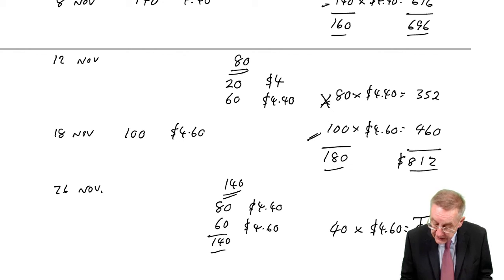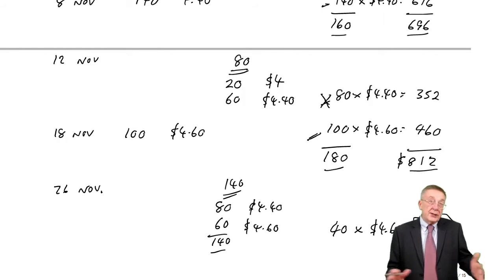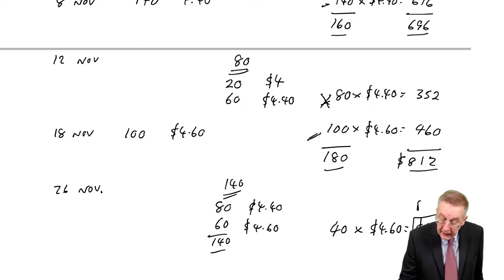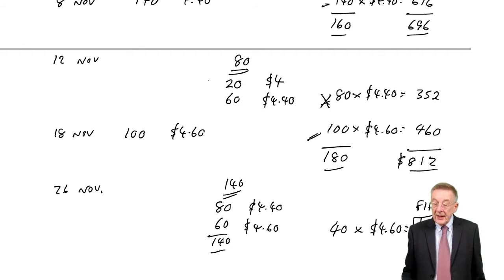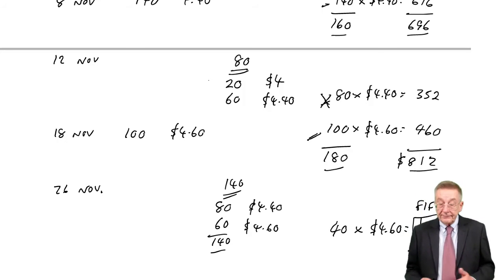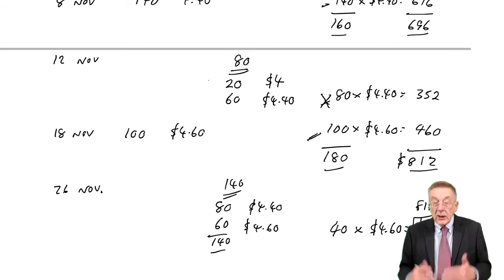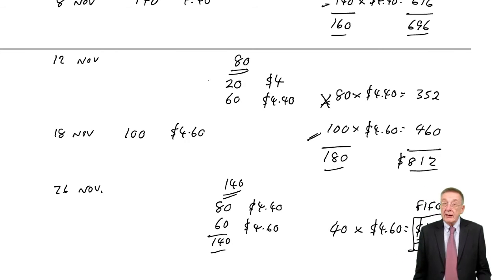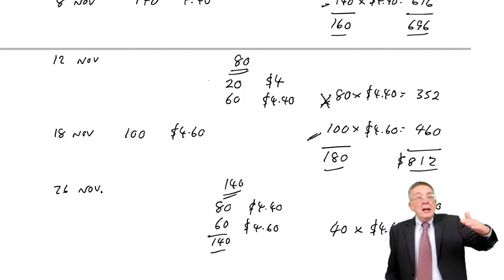And on this basis, FIFO, we already knew there were 40 units left. I checked at the beginning. But using the FIFO approach, those 40 units would be valued at 184. Now, I hope that made sense, but in fact, FIFO you can do very, very quickly indeed.